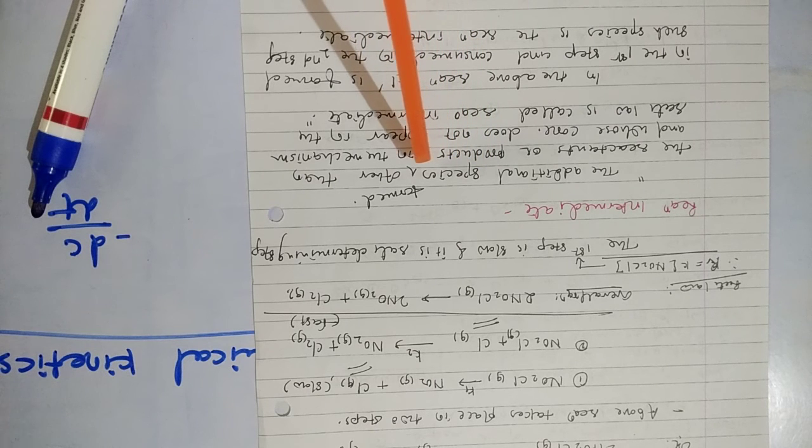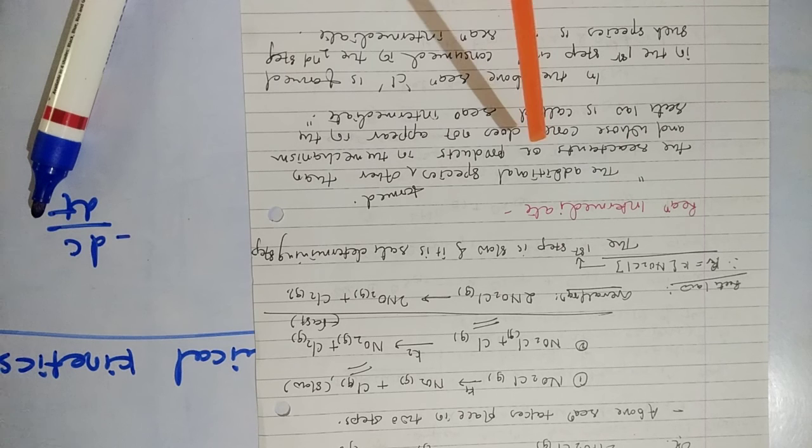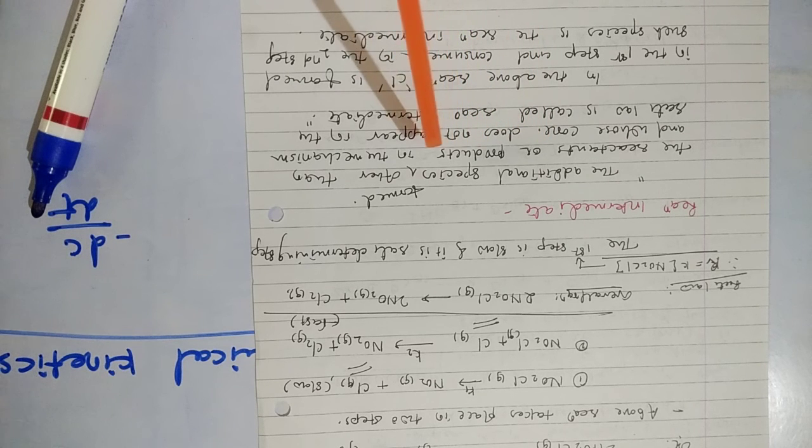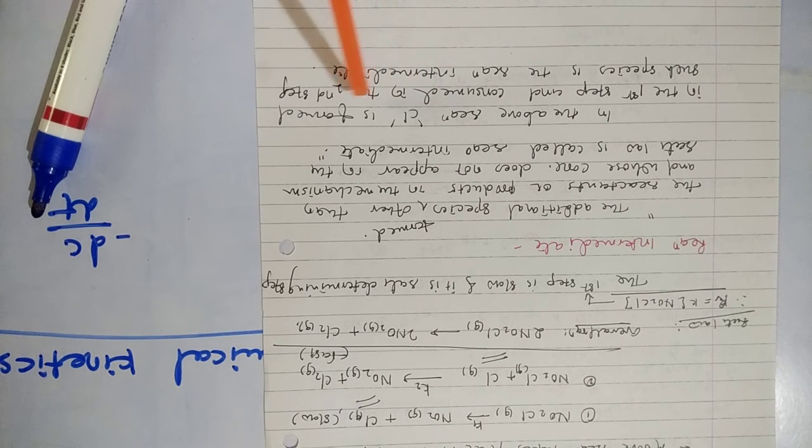The additional species formed, other than the reactants or products in the mechanism, and whose concentration does not affect the rate law, is called a reaction intermediate. In the above reaction, Cl is formed in the first step and consumed in the second step. Such a species is the reaction intermediate.